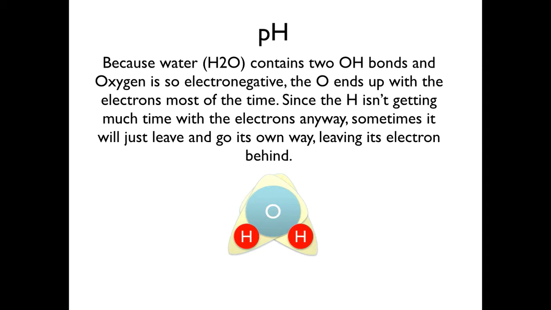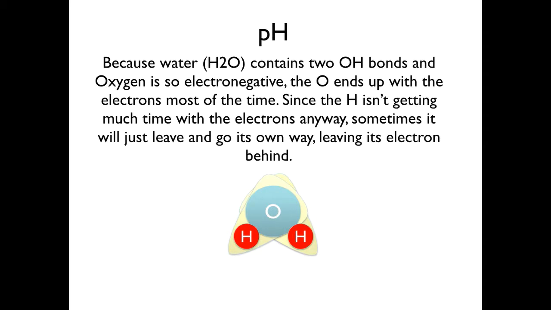And remember something else that we talked about when we talked about hydrogen bonds, which was that the hydrogen only has that one electron. It doesn't have a bunch of other electrons keeping it together. So if it's involved in this very unequal relationship with water, where water is getting the electrons most of the time, it's possible for the hydrogen to just go, well, I'm not having any of this.